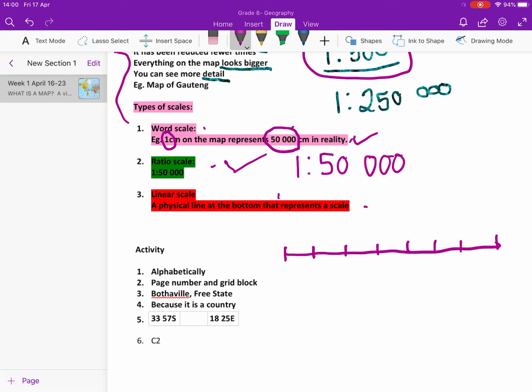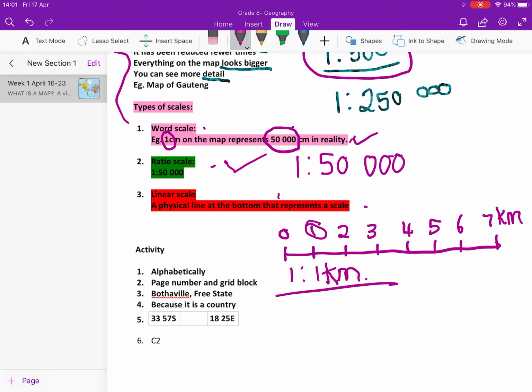And then they will write 0, 1, 2, 3, 4, 5, 6, 7, and they'll write you the unit, kilometers. So 1 centimeter equals 1 kilometer. All scales will be different, and there are 3 different ways in which you can write it: word scale, ratio scale, and linear scale.